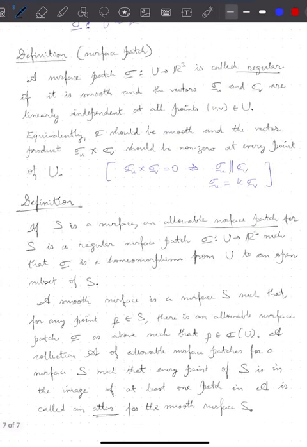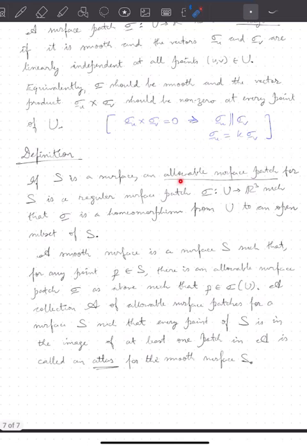So what we have learned here is we started with the regularity of a surface patch. Then we talked about how sigma should be smooth, and that the vector product of the partial derivatives with respect to the domain elements U and V should be non-zero.